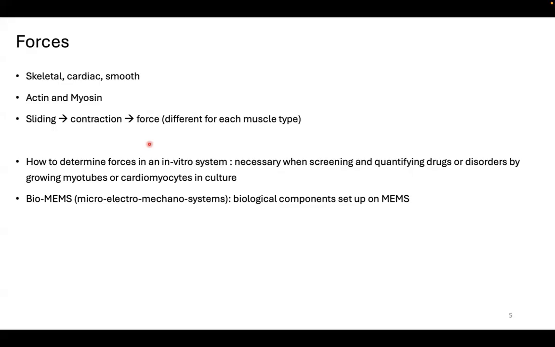All of that comes. But one thing that requires a special apparatus is how much force is being generated.